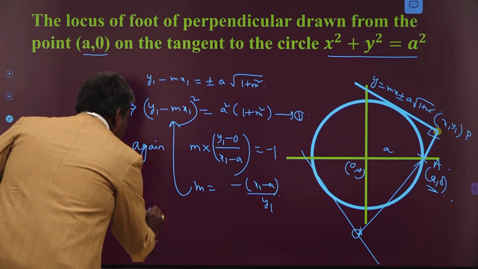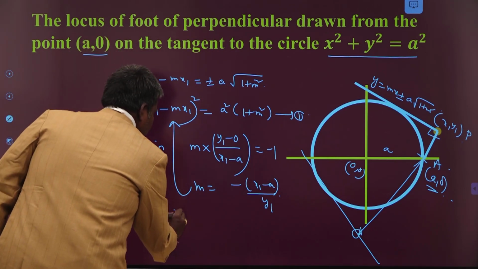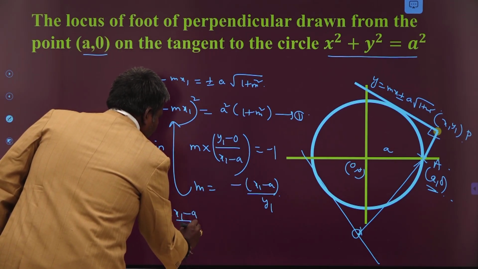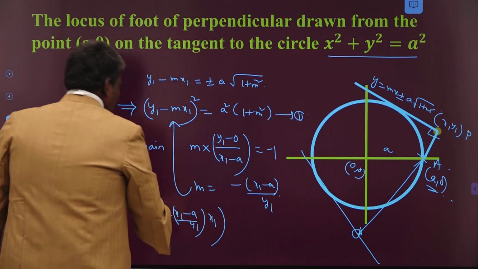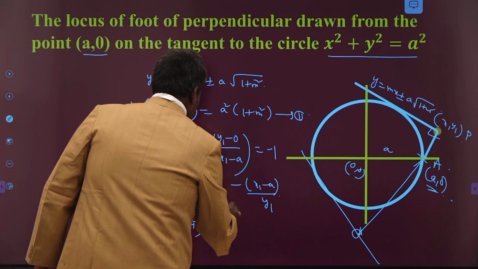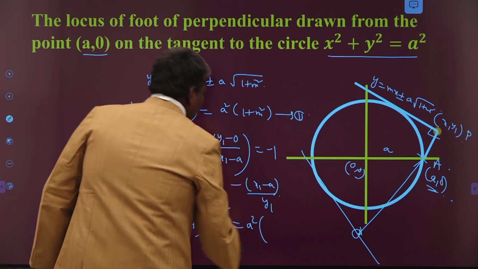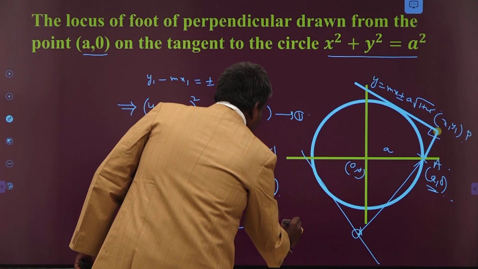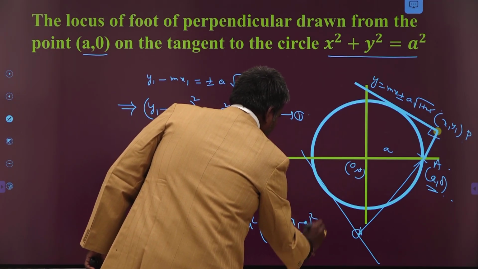So y1 minus, into minus what? Plus. That is plus (x1 - a)/y1 into x1, whole square, is equal to a² into (1 + m²), that is 1 + (x1 - a)²/y1².